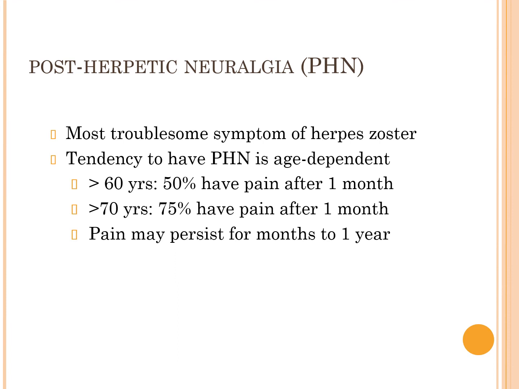Patients who are older than 70 years, on the other hand, 75% of them will still be experiencing pain 1 month after all of the lesions have healed. And this type of pain, this post-herpetic neuralgia, is a pain that may persist for months to even 1 year.